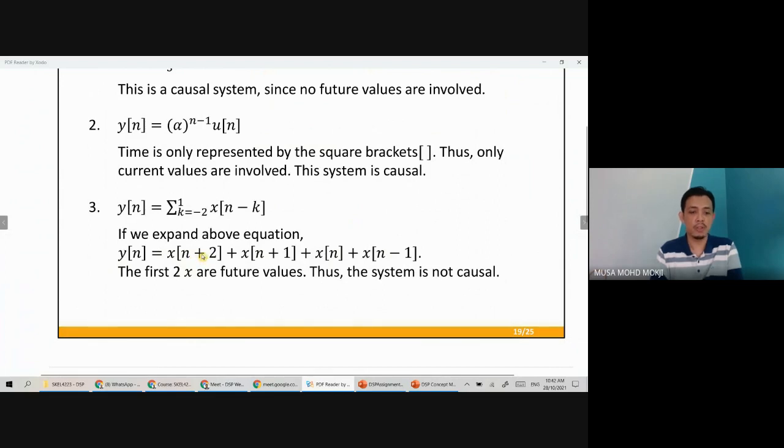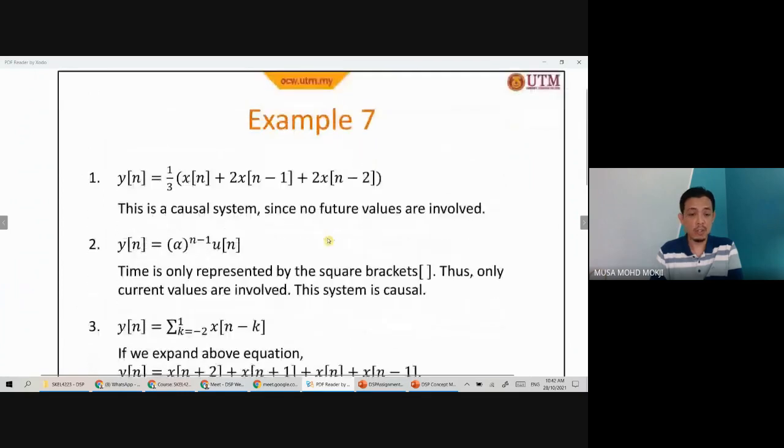So this is a future value. This is another future value. This is a current value, because nothing else, just n. And this is a past value. To identify whether the system is causal or not, we just need to make sure that in this equation there is no future value. So straightforward, we know that this is causal, because there is no x[n plus something].